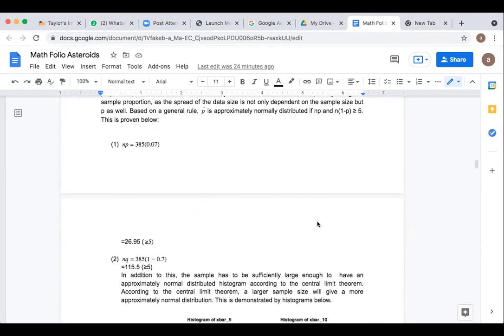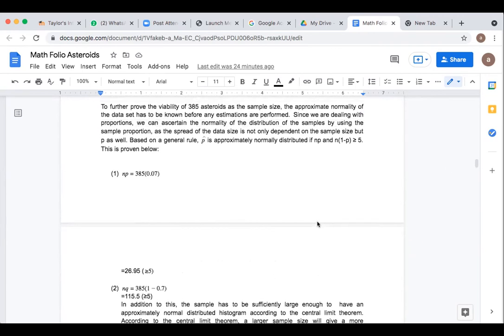So when you put in certain things, you think of what you have learned. From what I have learned so far about a large enough sample size, we go by that criteria. Yes, I put it here based on the general p-hat rule.